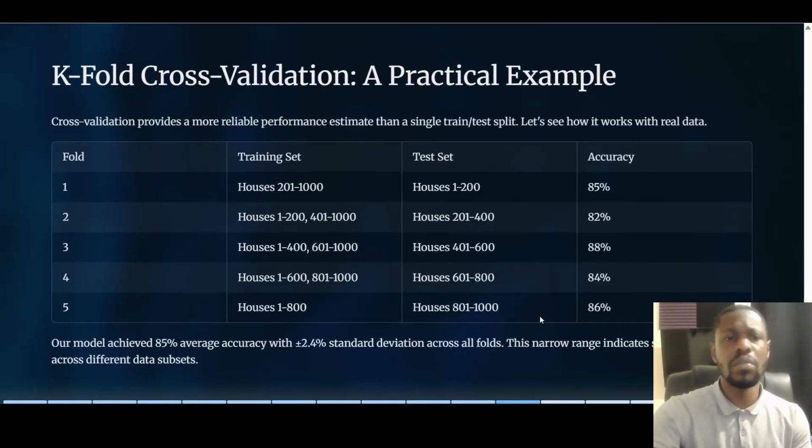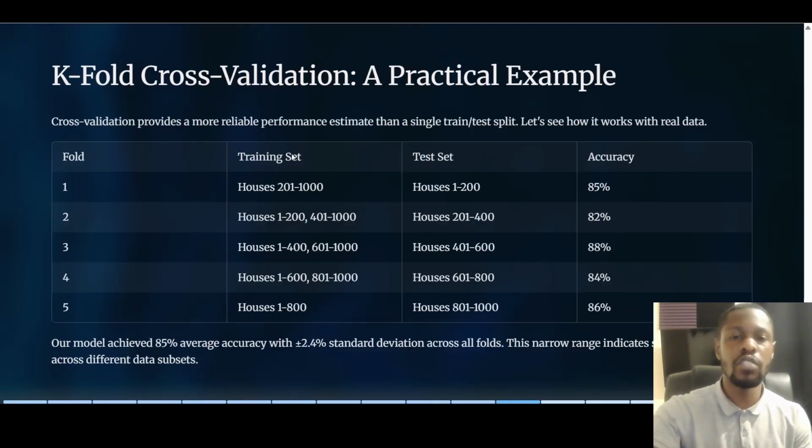And so we have a practical example here of k-fold cross-validation. Cross-validation provides a more reliable performance estimate than a single train/test split. Let's see how this works with real data. Imagine now we're looking at housing.